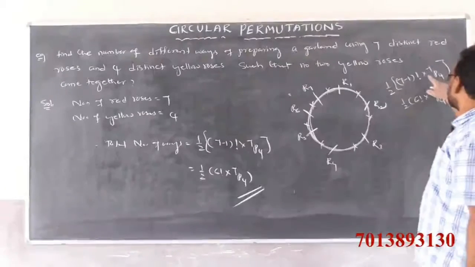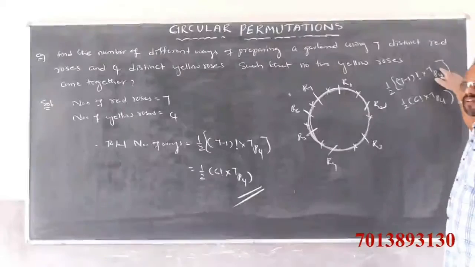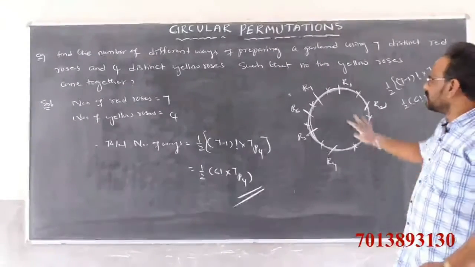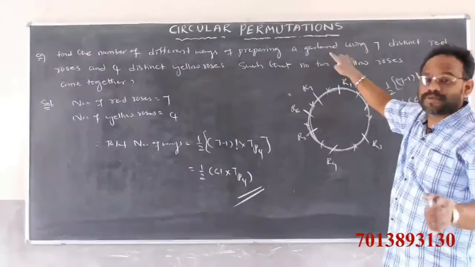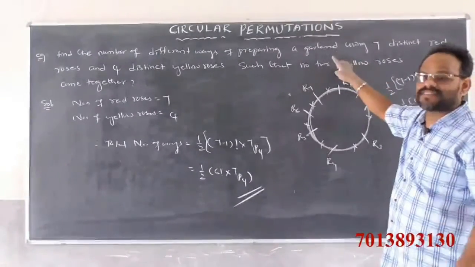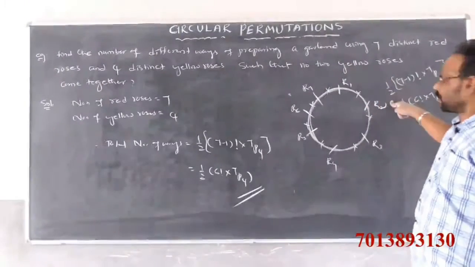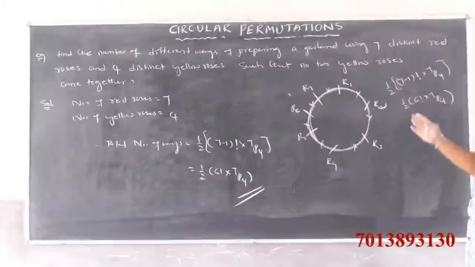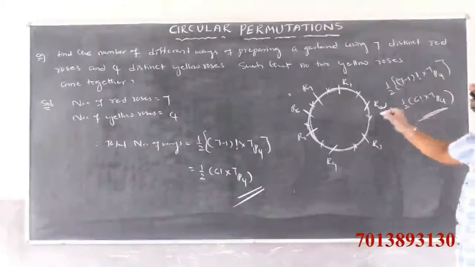So the number of ways to fill them is 7P4. But this is preparing a garland. Preparing a garland or preparing a chain means compulsorily divided by 2. So 1 by 2 into (7 minus 1) factorial into 7P4. Clearly, 1 by 2 into 6 factorial into 7P4 is the answer.